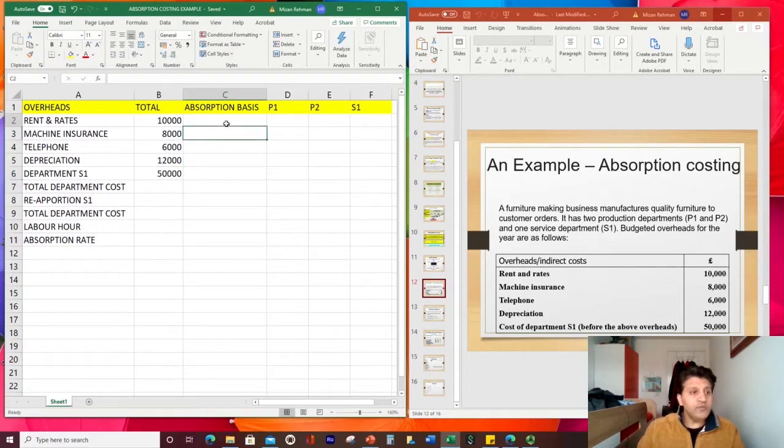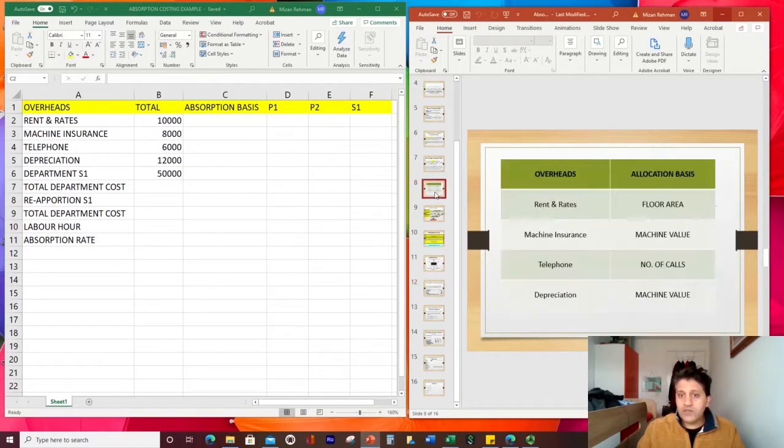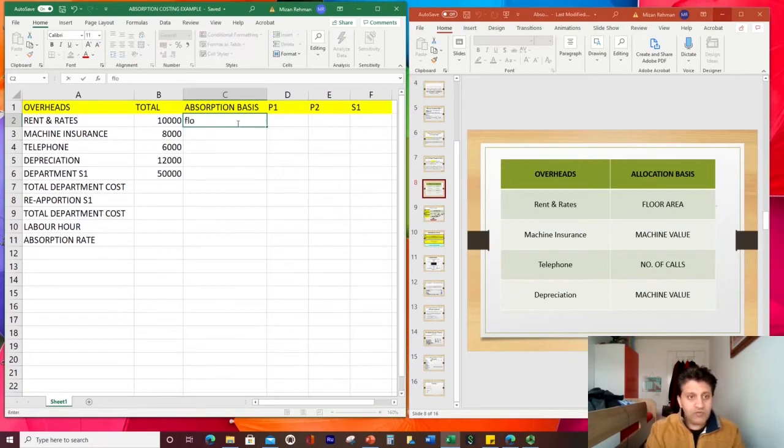All right, absorption basis. Now for rent and rates, as you have seen on the slide, there are some commonly known and accepted absorption bases, so we'll use these. Rent and rates would be on the basis of floor area. Machine insurance would be on the basis of value of machines.